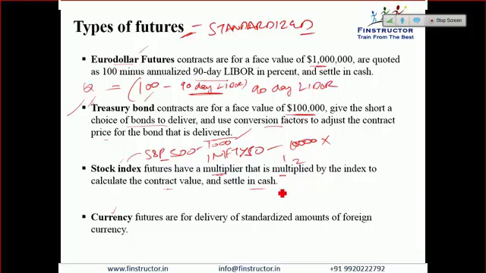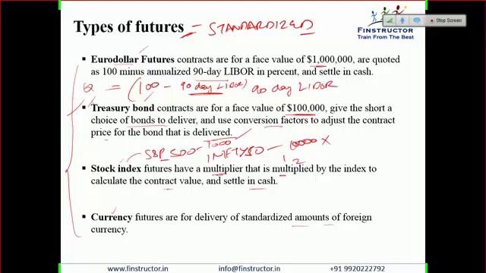Similarly, currency futures will be for standardized amounts of foreign currency that two counterparties agree to exchange at a future date. There's no real new concept in this slide. It just says that futures are standardized forward contracts. Standardized simply means the quality will be assured by the exchange.